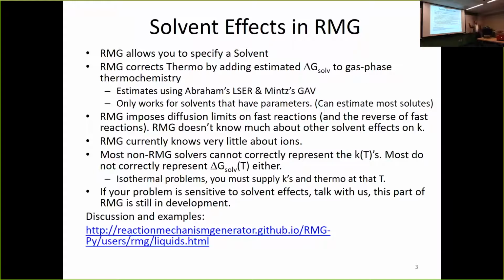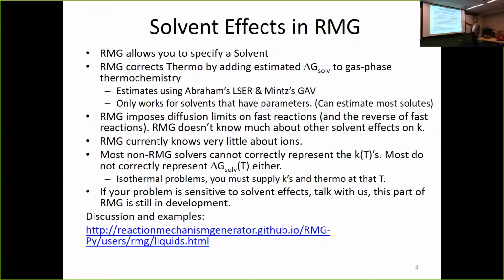If you pull a model out of the literature that was done in a solvent, it's possible that the person who made that model already corrected for the diffusion limit. And then if you corrected it again in Matt's software, you possibly might alter the predictions from what the original person got. So anyway, just beware. This turns out not to be a huge deal, but it's a small deal.